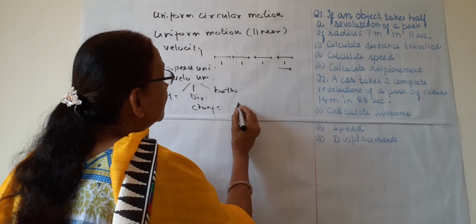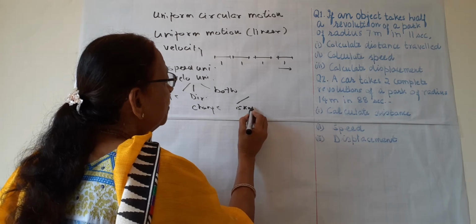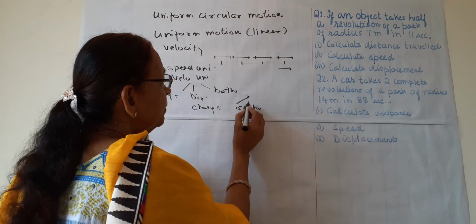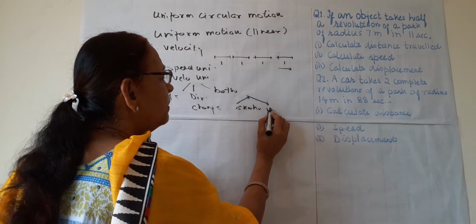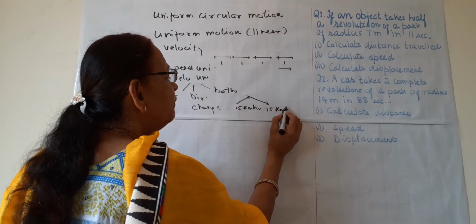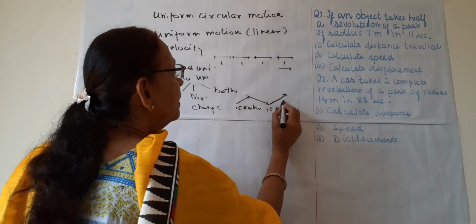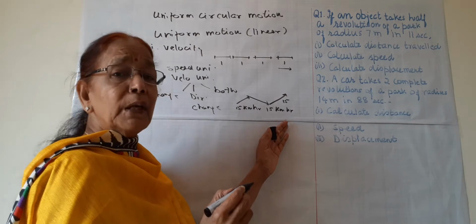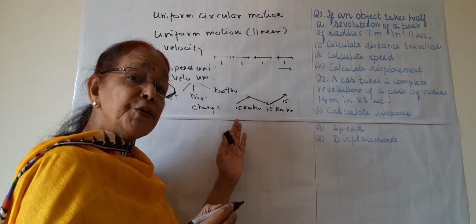Suppose a car is running at 15 km per hour in this direction, and again it changes the direction, but the speed remains 15 kilometers per hour. Again the direction is changed, then the speed remains 15 kilometers per hour. So the speed is constant, but the velocity changed.